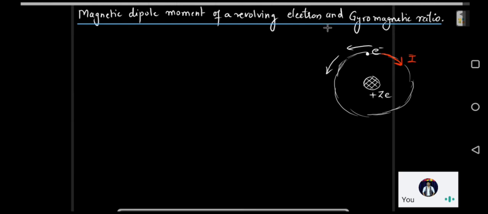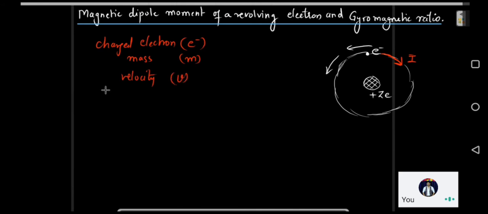So I am considering a charged electron over here having a charge of minus e. The mass of this electron, let's say, is m. And this electron is revolving in the anti-clockwise direction with a velocity, let's say, v.